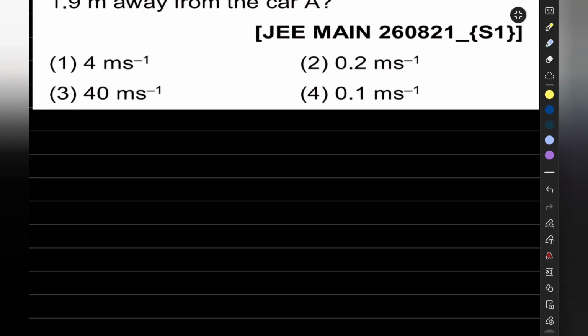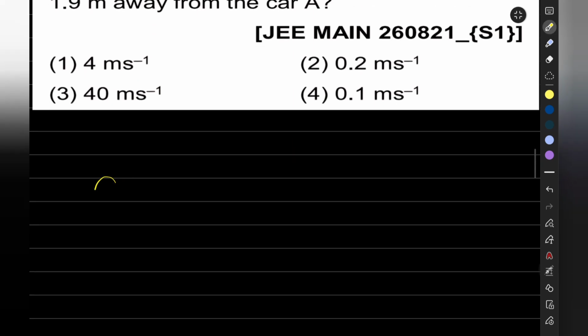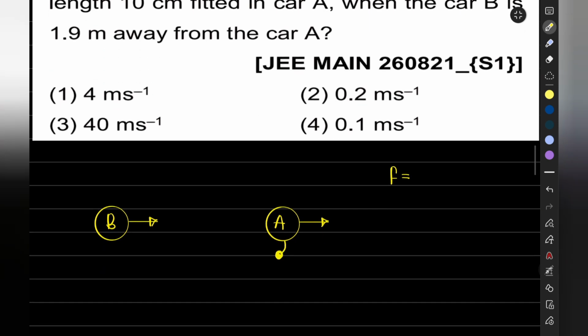The question is saying we have two cars. This is our one car and this is our second car. Let's name it: this is car B, this is car A. Both are moving in the same direction, and car B is trying to overtake car A. One more thing, in car A we have one mirror which is fitted here, and the focal length of that mirror is given, which is 10 centimeter.